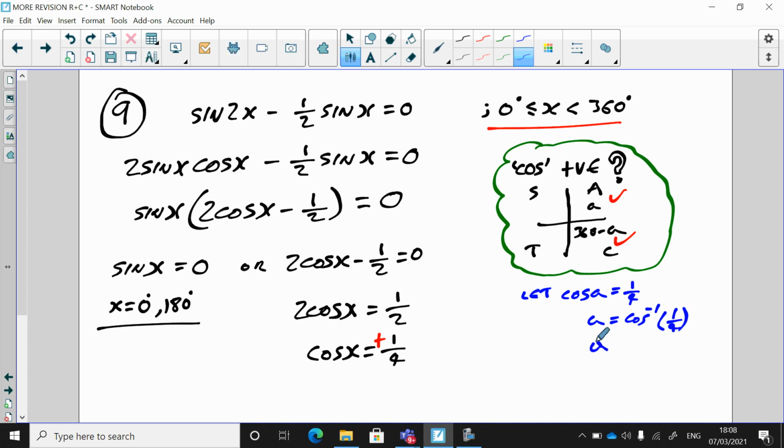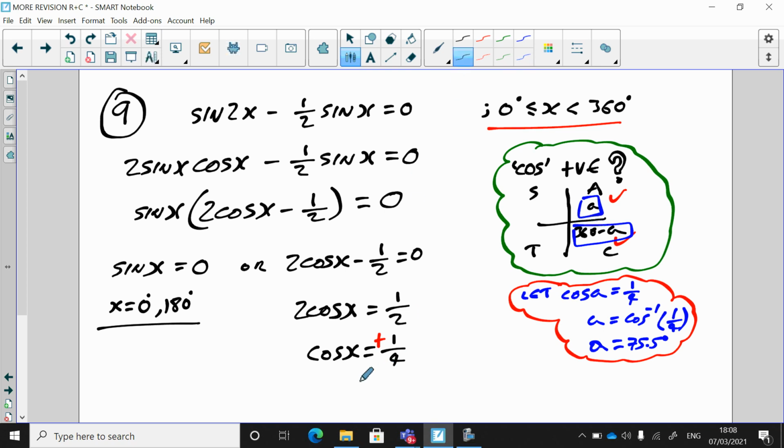So I'm just going to go for one decimal place here. 75 and a half, I think it is. Right. So that there is my calculator answer, because you can't solve it directly for x, because your calculator only has one value. Right, so that means for x, yes, it is a, and also it's 360 minus a. So that's where we're coming down here now.